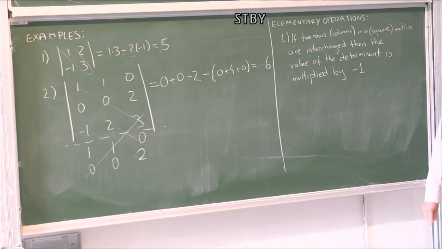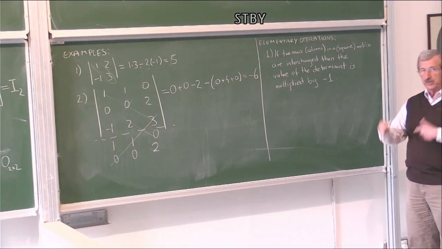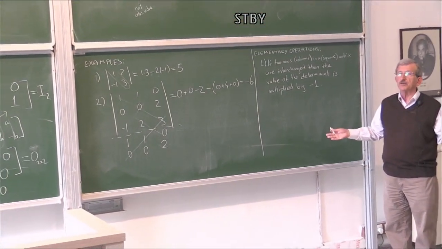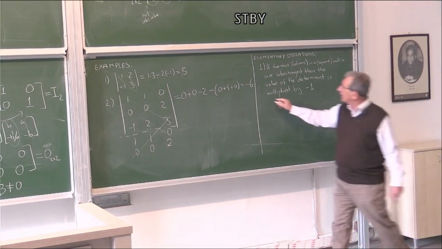So if you change the places of two rows with each other 2 times, nothing changes.